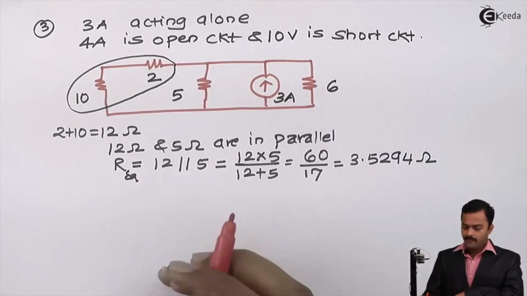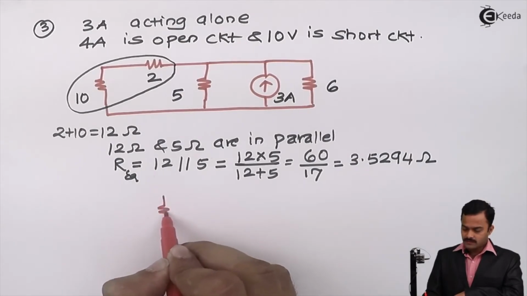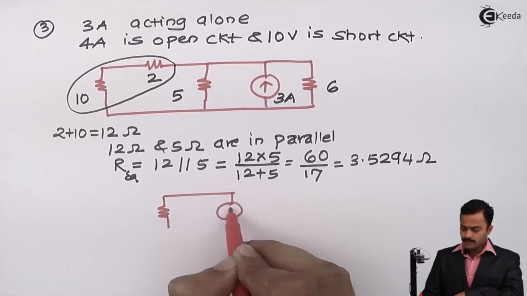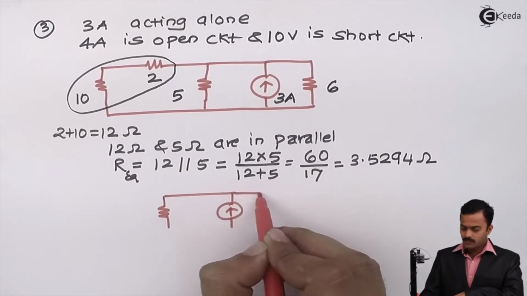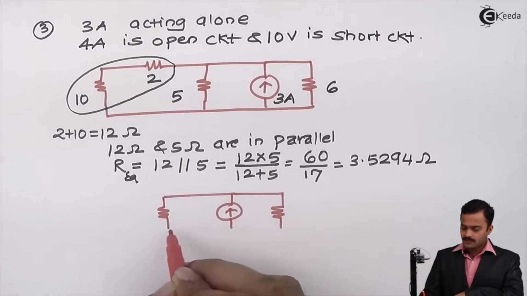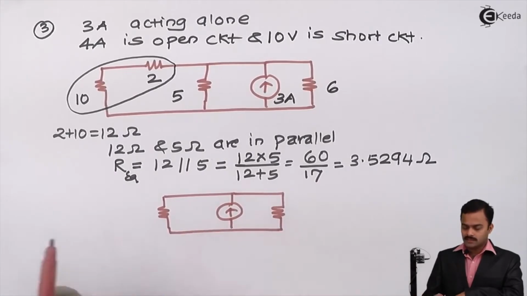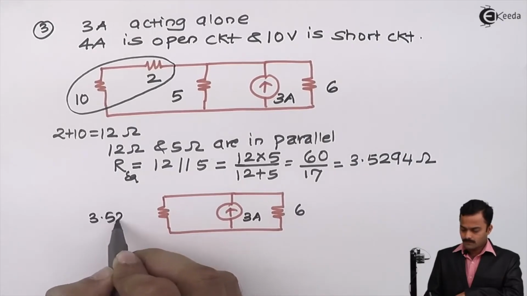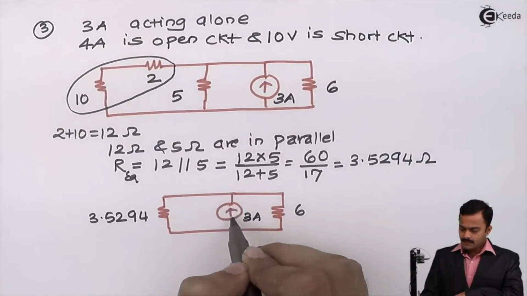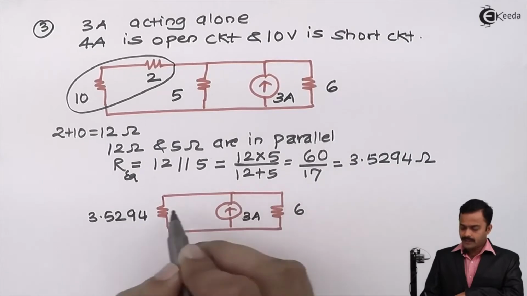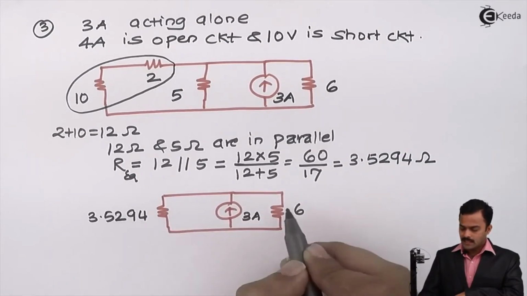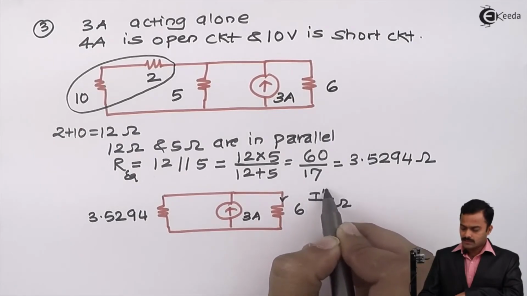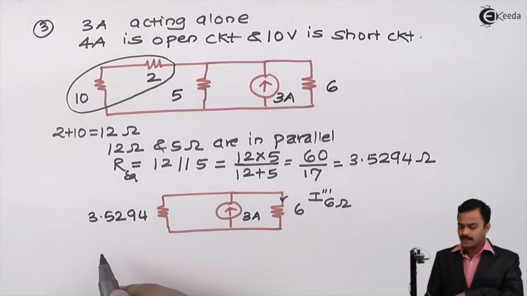So I am having one resistance of 3.5294 ohm in parallel with the current source of 3 ampere, which in turn is in parallel with the load resistance of 6 ohm. Again, the 3 ampere current will be split into two branches, and our objective is to get the current flowing through the 6 ohm resistance, which I denoted as I triple dash.